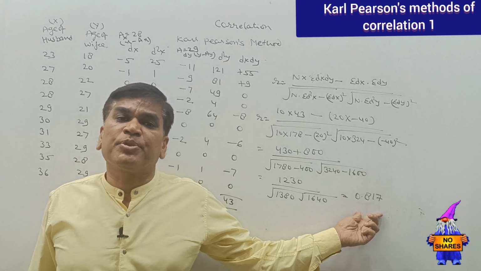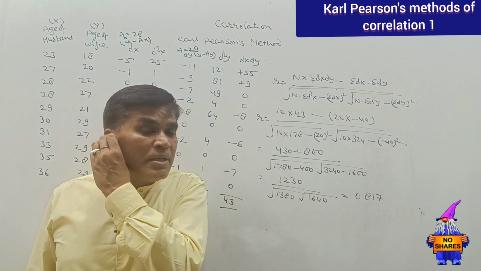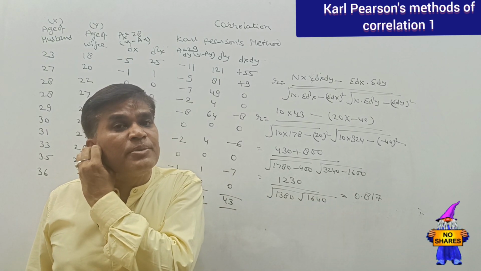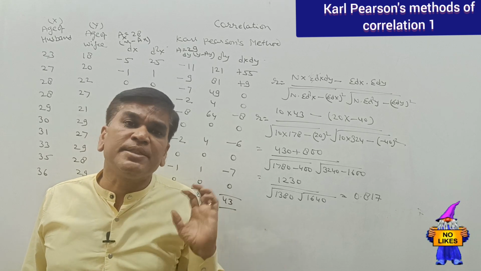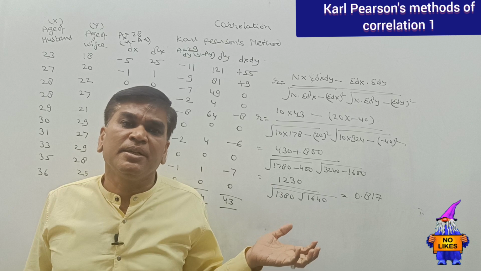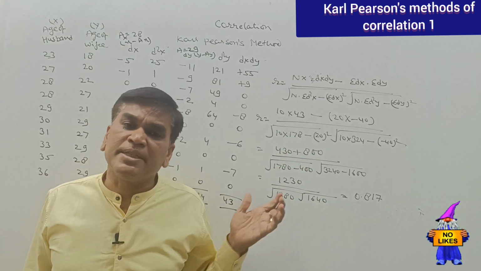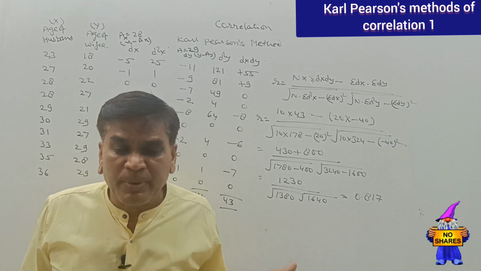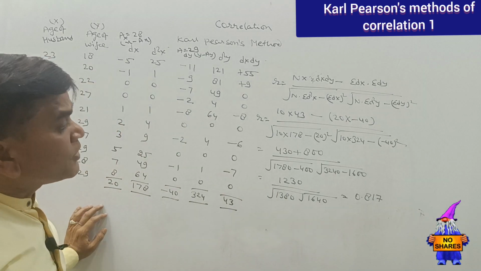So this is the assumed mean method, and with the help of this method also we are getting the same result. There is a high degree of positive correlation. It means you can use any one of the formulas, no problem at all. The result will be the same, whether you use the direct formula or the assumed mean method. So no problem at all. Use whichever method you like.